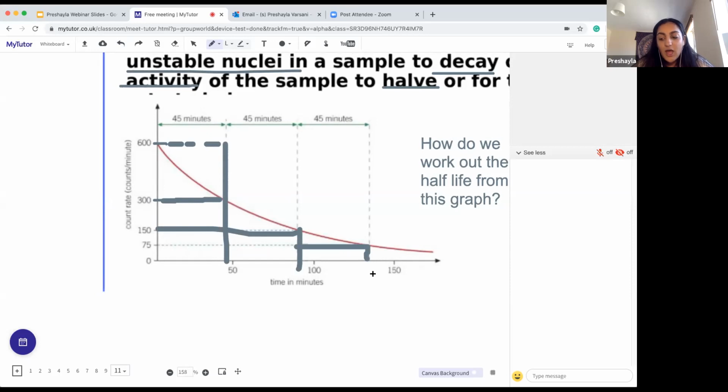So you want to draw a line from the first count rate and a line from the second count rate, and then join them up with a vertical line down to our x-axis. When it hits the x-axis, that's the time that it takes for the count rate to halve, or the half-life. Okay, so that's how we work out a half-life from a graph.